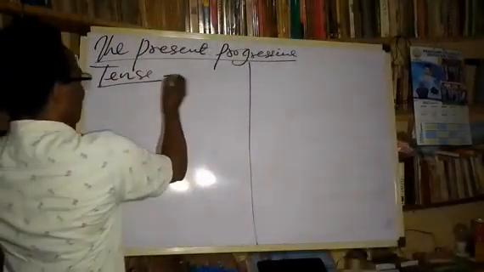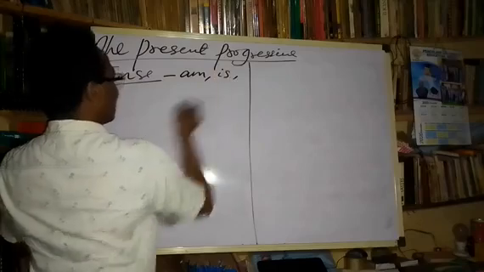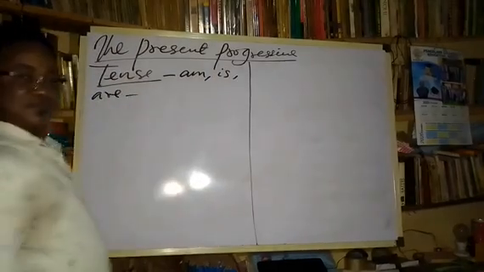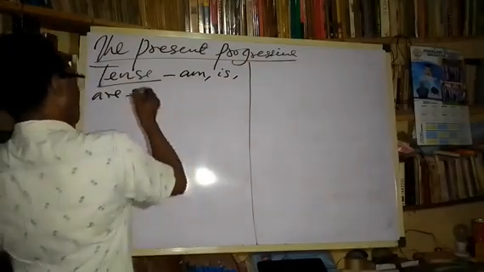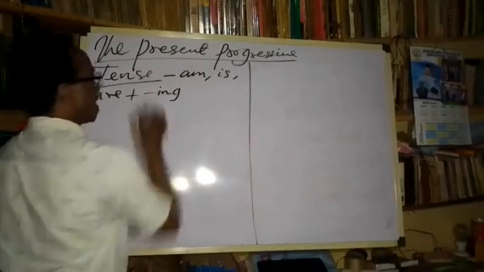Take a look at these verbs. Am, is, and are, plus ing.